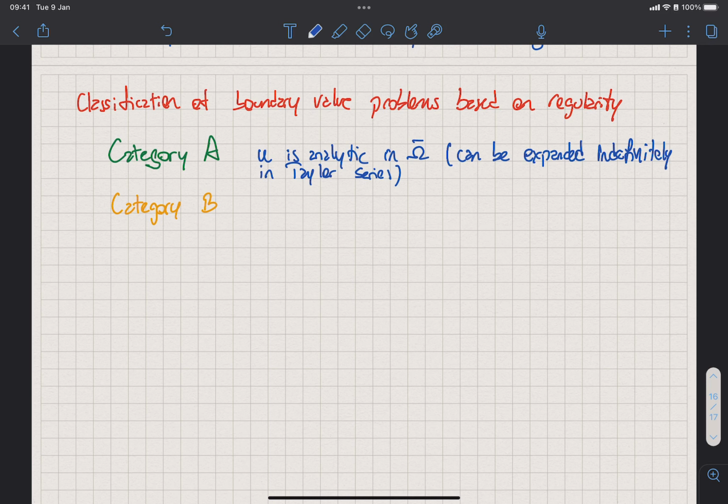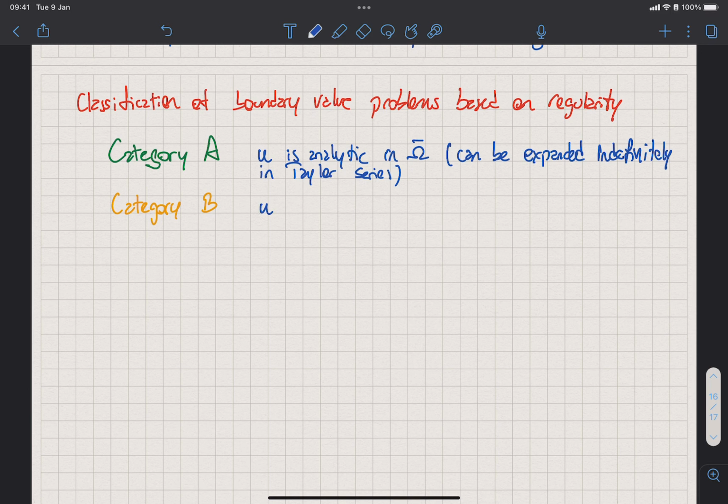So all of those are sets of 0 measure. So as long as our singularity is confined to a set of 0 measure, then those are the problems that are in category B. And as you saw already, the convergence rates for the p version of FEM are going to be algebraic or exponential. Algebraic, right?